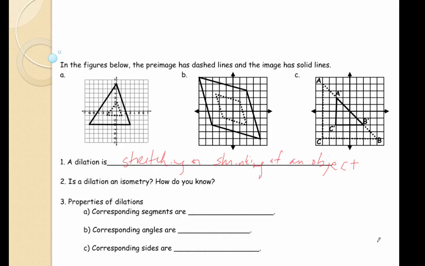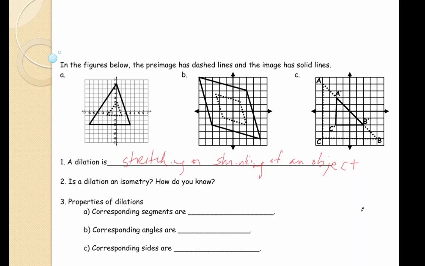So the question of if it's an isometry, well, unless I can pick up this little triangle and move it and make it big, and not just because of the way your vision works, but actually make them the same size, then it's not an isometry. If you look at the pictures, it's making them bigger, it's making them smaller, and in fact that's kind of the definition of a dilation.